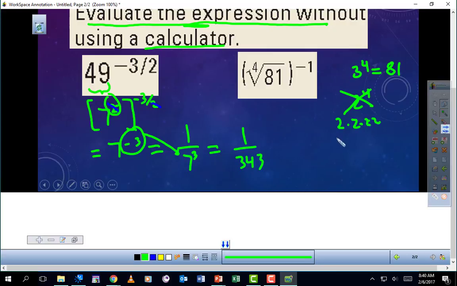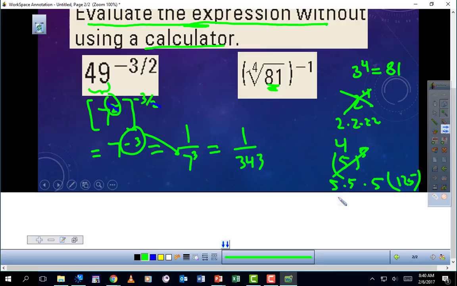And if you try other powers like 5, to the 5th power, this gets pretty big. I mean, 5 times 5 already is 25. You multiply by another 5, it's 125 already. And so you need the exponent product to give you 81.